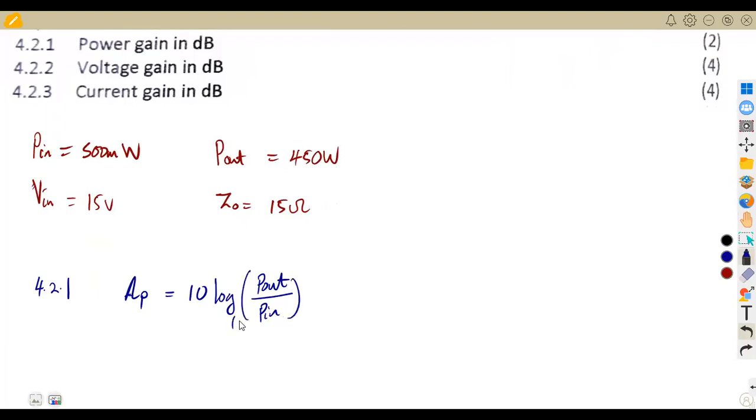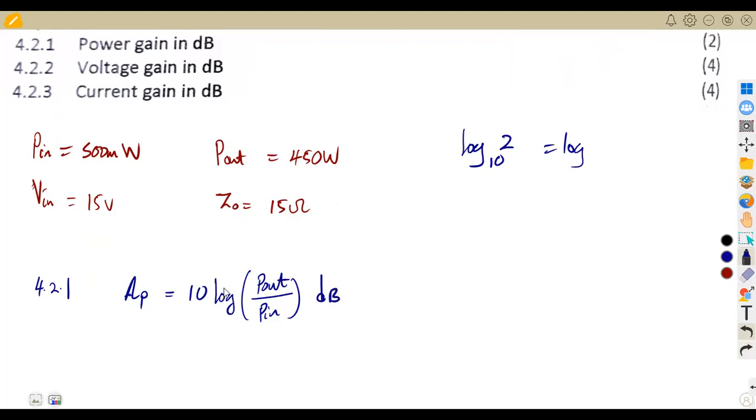This is supposed to be base 10, but as we know, if you're dealing with logarithms, the logarithm of 2 in base 10 is the same as just the logarithm of 2. So the base 10 is not important to indicate in your simplification. This answer is going to be in decibels.